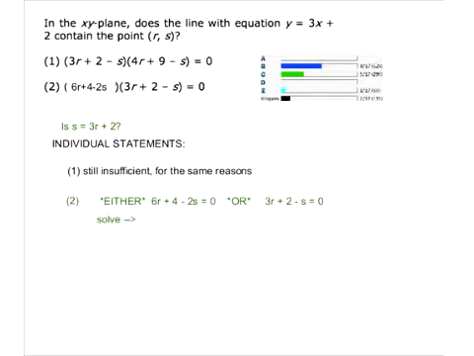This one gives you 6R plus 4 equals 2S, which actually divides by 2 to give exactly what you want. And this solves right away to give you that. So either way, you definitely get a yes to the question. So this one's sufficient by itself. And so we've got ourselves an answer of B.